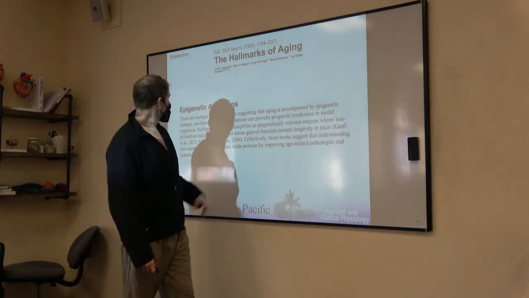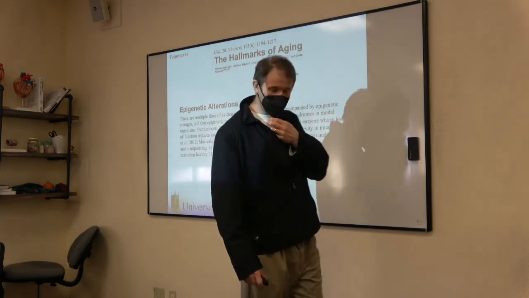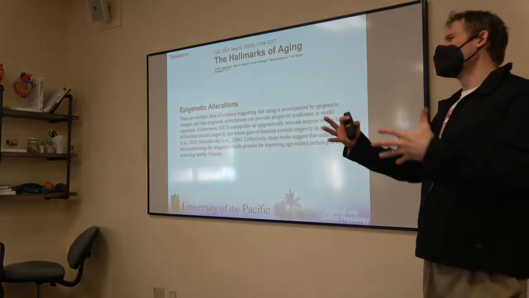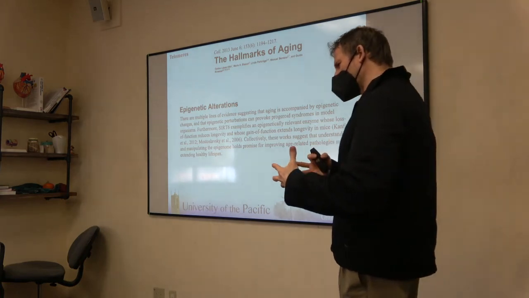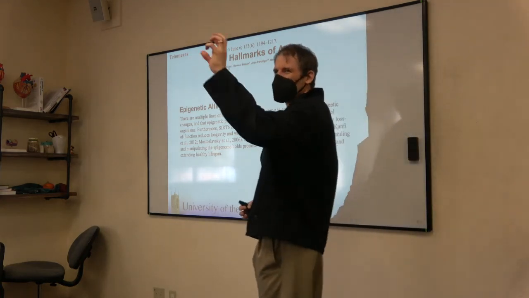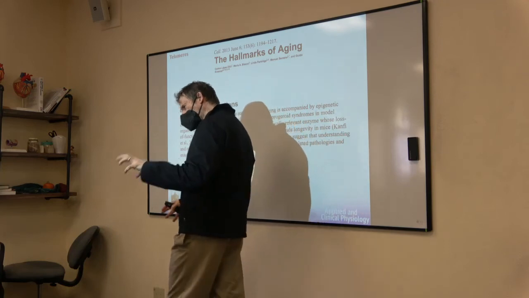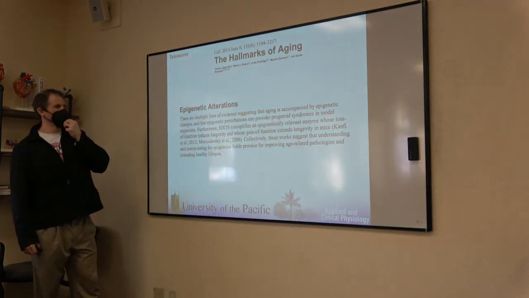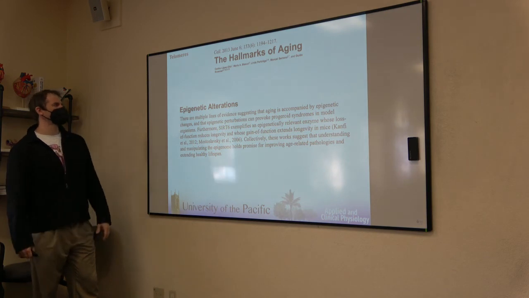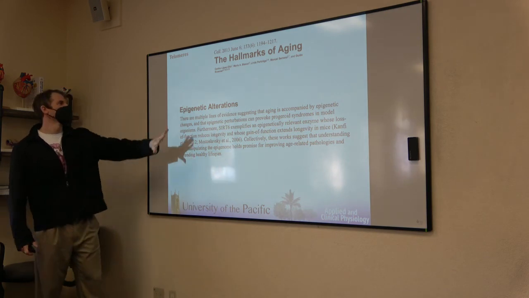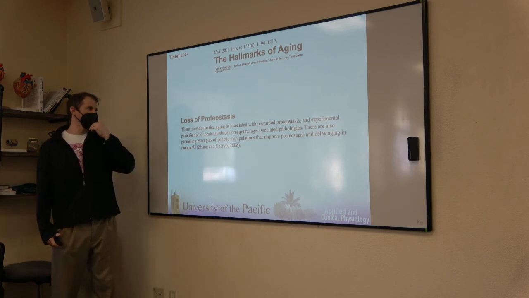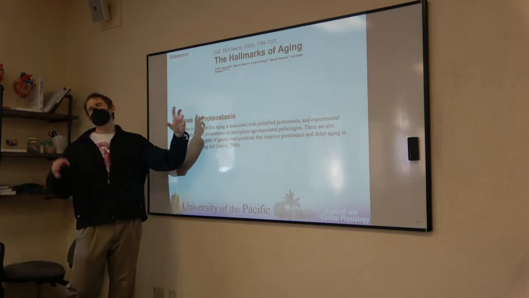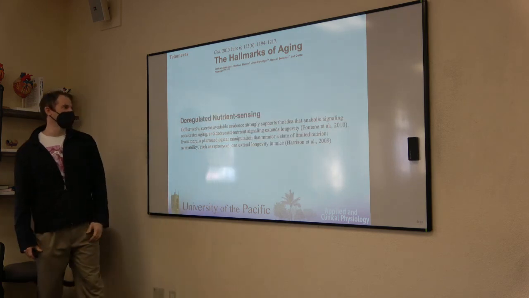Epigenetic alterations, histone modifications, methylation. We're going to control the genome. Epi meaning upon, epigenetics. We're controlling it through physiological states that are not the DNA itself. And so epigenetic alterations can happen. Loss of proteostasis, right? We're looking at the metabolism of our proteins can go awry.